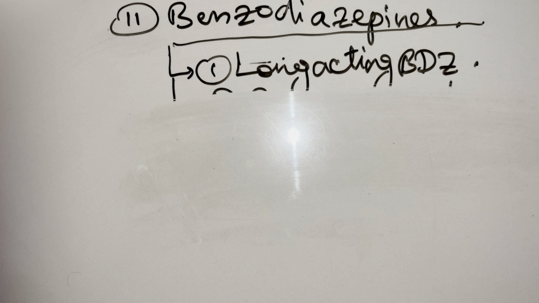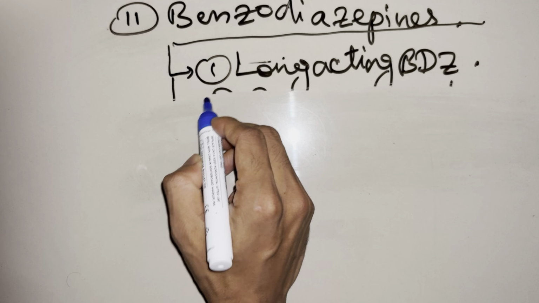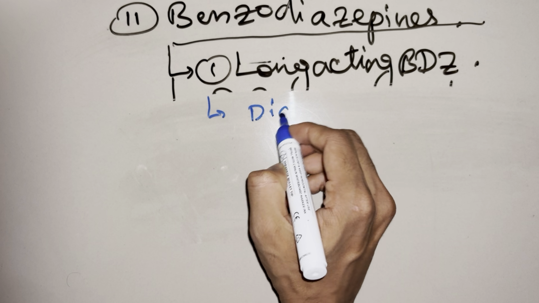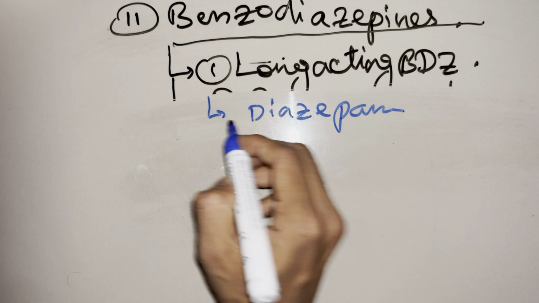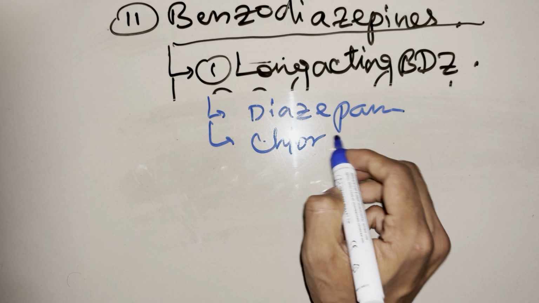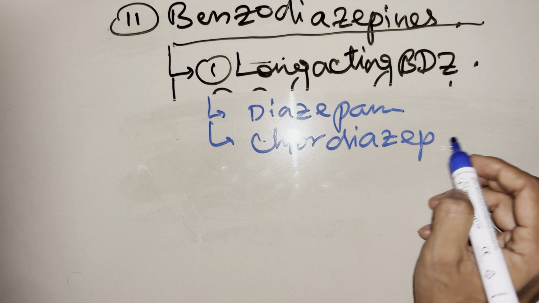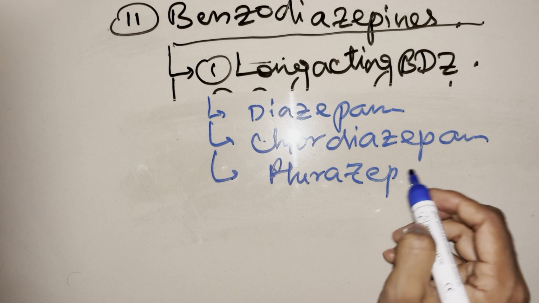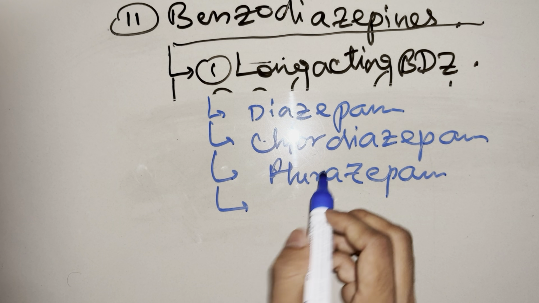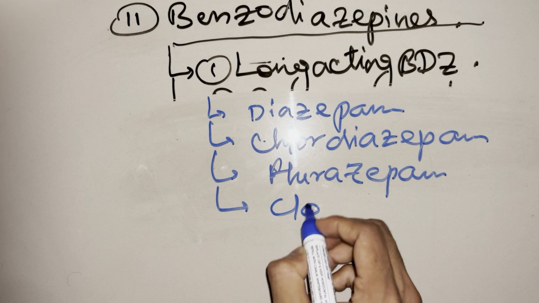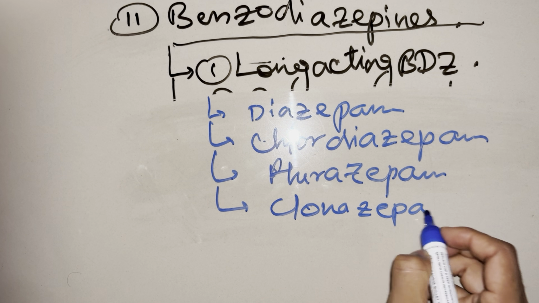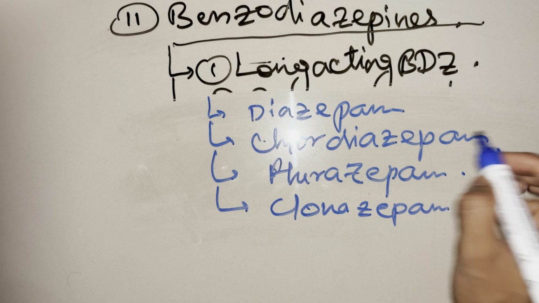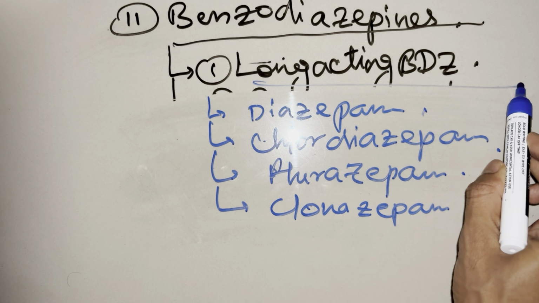Write down diazepam, chlordiazepoxide, flurazepam and clonazepam. These are the four examples of long acting benzodiazepines.